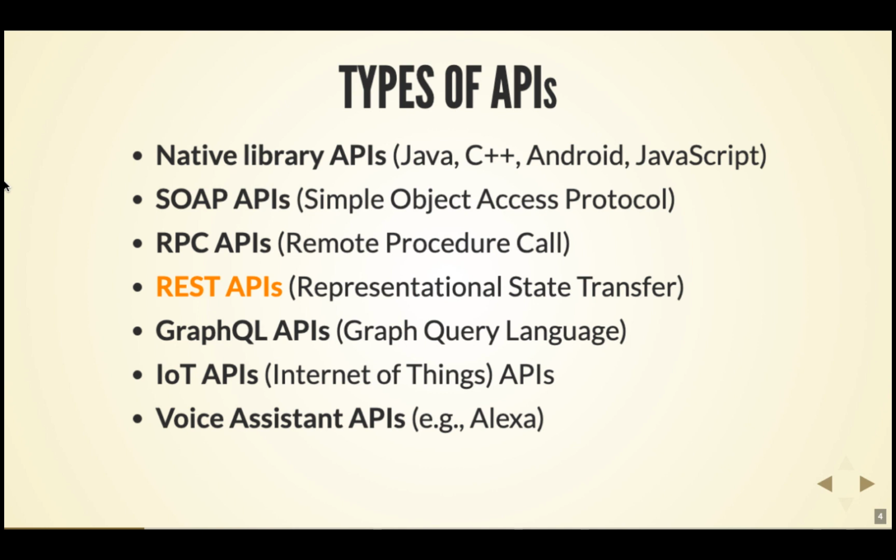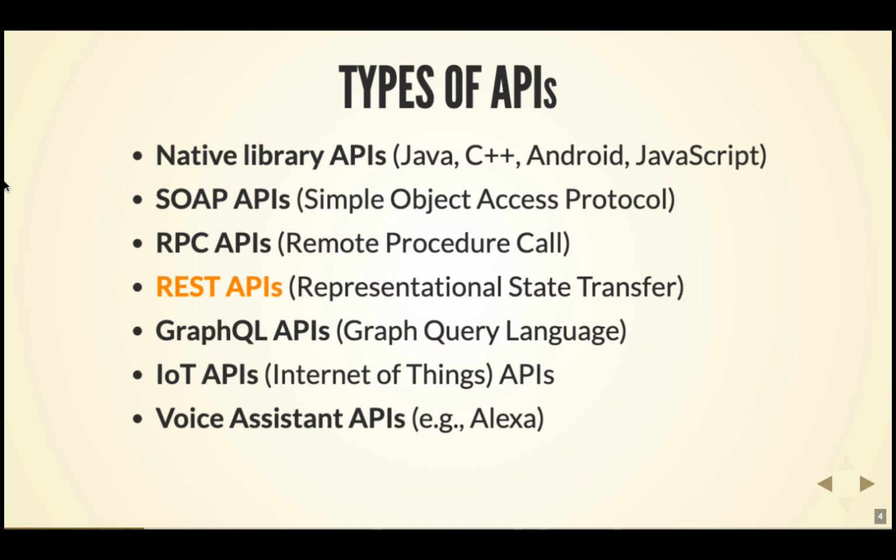There's also an RPC API. It stands for Remote Procedure Call. In this API, you send a command to another server, and that server executes some function. A lot of these are working in a somewhat similar way. But RPC APIs have a few different offshoots. There's an XML RPC API, which uses XML, and a JSON RPC API, and then there's also a gRPC API, which I think stands for Google.